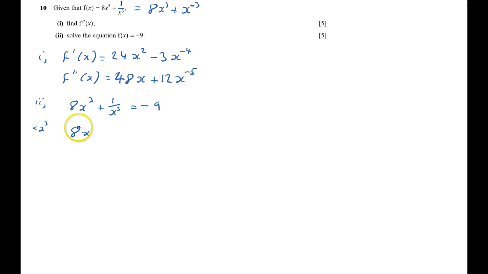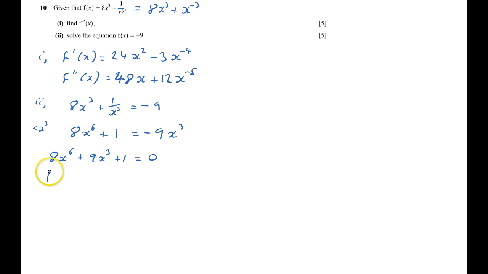That gives me 8x to the power 6 plus 1, obviously, because I'm vaporizing that, it disappears, minus 9x cubed. It's going to be a quadratic, disguised quadratic. So I'm going to add 9x cubed to both sides. That gives me 8x to the power 6 plus 9x cubed plus 1 equals 0.